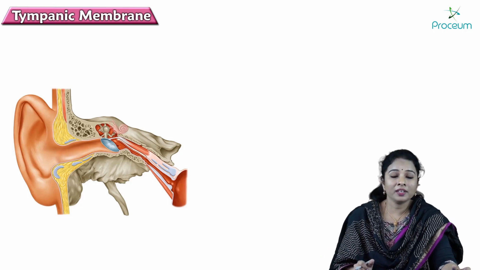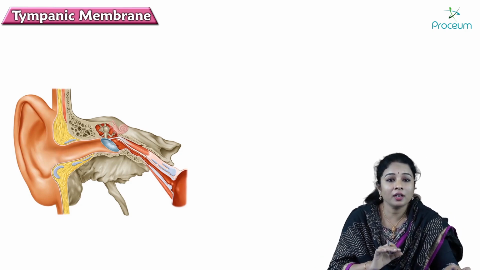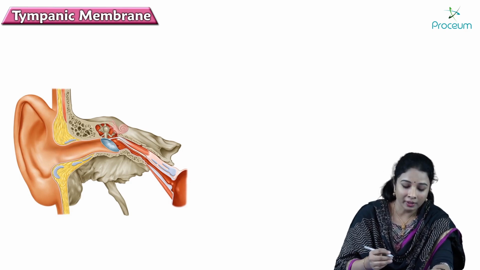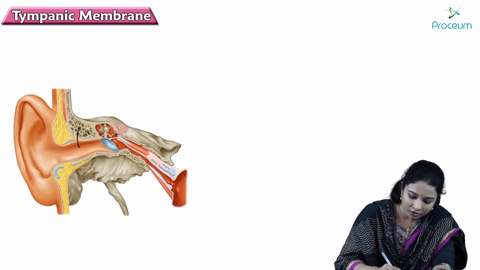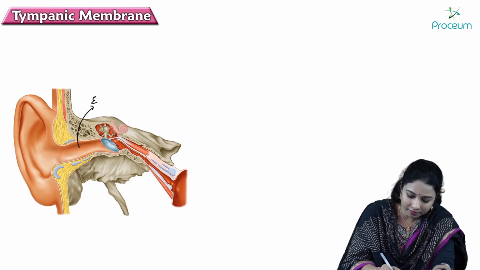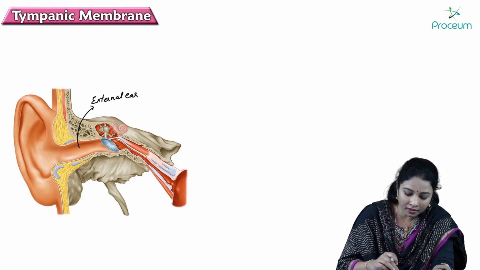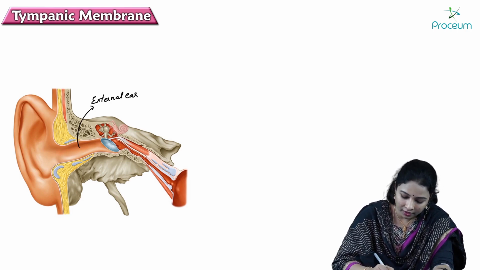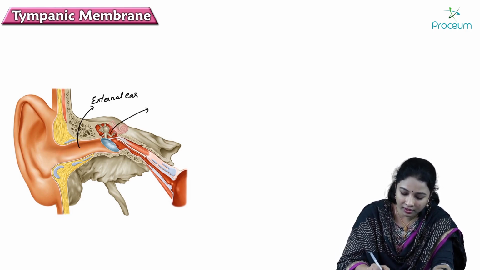So hello everybody, today we are going to learn about the tympanic membrane, which is a membrane separating the external and internal ear. So here is the external ear, formed by the external acoustic meatus and pinna of the ear, and the ossicles are seen in the middle ear.